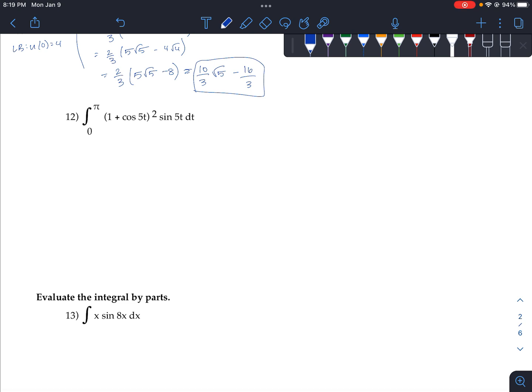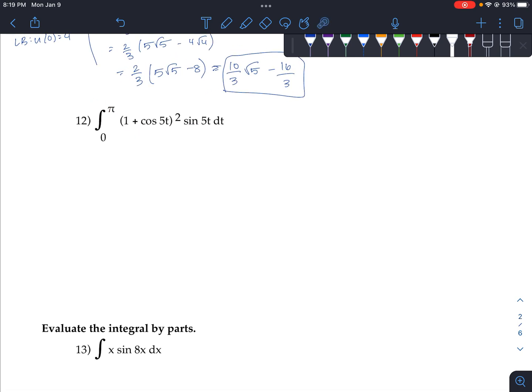All right. So for this one right here, we have this bound from 0 to pi, and a u substitution here. I think I'm just going to let u be this entire inside like that. So we'll say u is equal to 1 plus cosine of 5t. I'm just going to give myself a little more room.